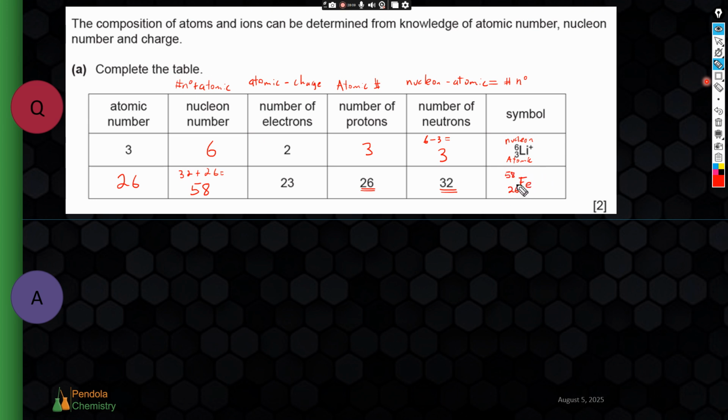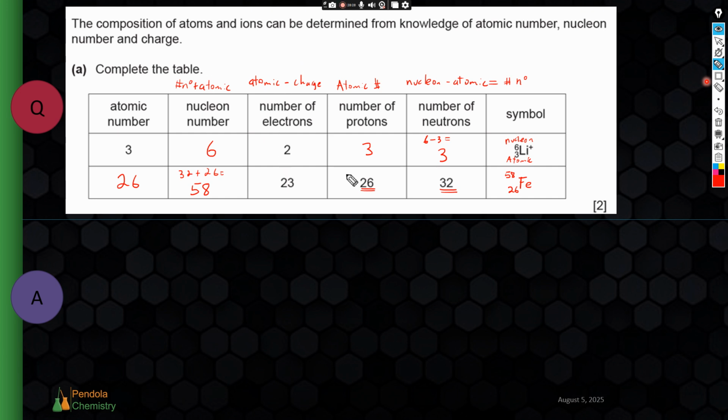Finally, you might think you're done, but you have to be careful because we need to figure out whether or not this atom has a charge. In this case, we have 26 protons and 23 electrons.